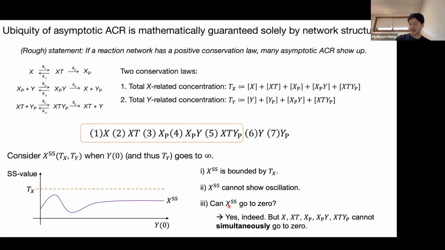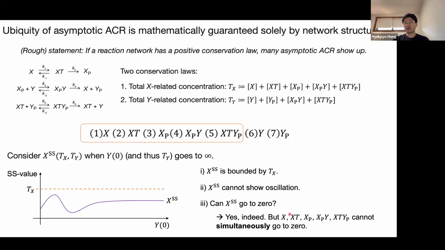For the single species X, yes, it can go to zero. But when we look at the total five species which contribute to the X-related total concentration, they cannot simultaneously go to zero because their summation must always be T sub X. If they all went to zero simultaneously, their summation would be zero, but that is not the case.